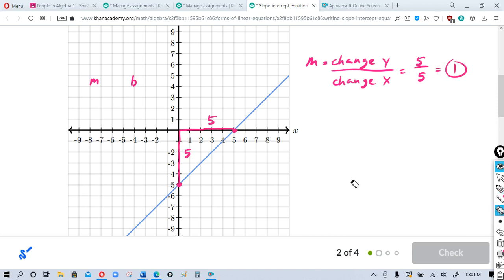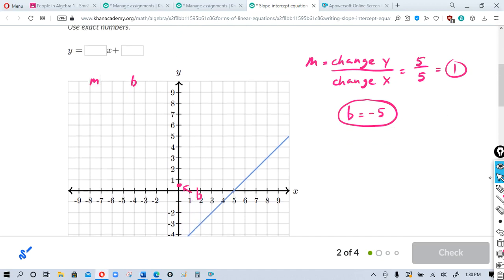Now we want to find b, where the line crosses the y-axis. This is your y-axis, and it hits the y-axis right there. That's your b, the y-intercept, so that's negative 5. And that's all you need.